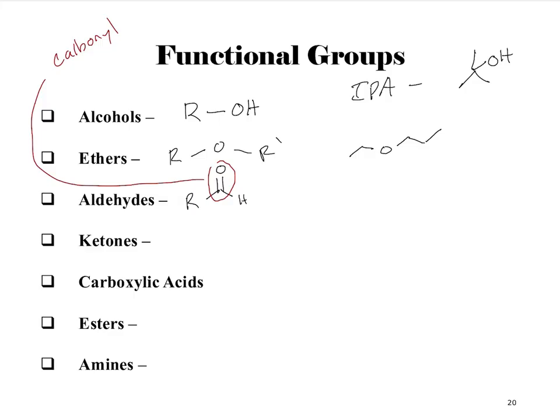Aldehydes are only going to be located at the edge of the molecule, right? So you'll never see an aldehyde that's attached inside of a ring. So this is always going to be, right? This would be propanal is how we name this. It's always going to be the aldehyde functional group is at the edge of the molecule. It's a terminal functional group because the carbon there is already taken up all of its bonding spots.